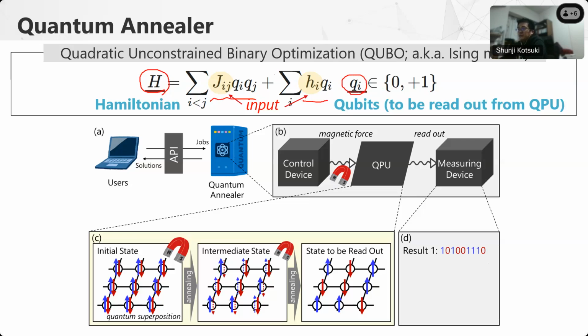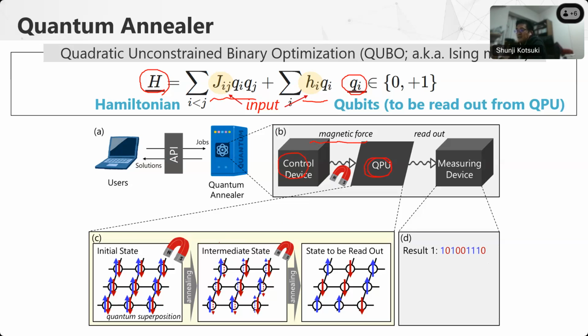Suppose we have a problem formulated as a QUBO. We can submit our jobs to the quantum annealers through an application programming interface. The control device regulates the magnetic force to emulate the problem that we would like to solve. In the quantum processing unit at the initial state, quantum superposition exists, and upward and downward spins exist simultaneously.